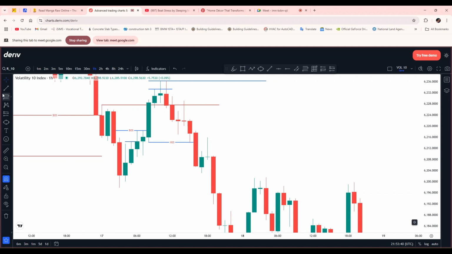So what that means is we're going to identify the high of this candle that caused the break as our trading range of the specific market.